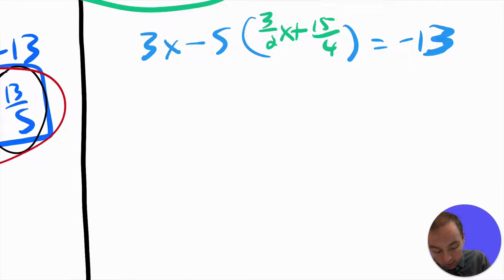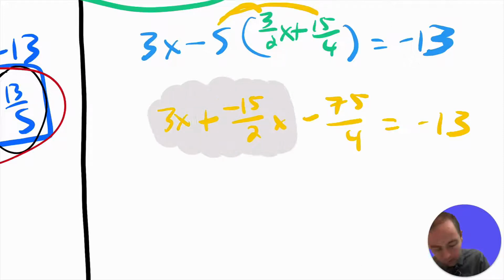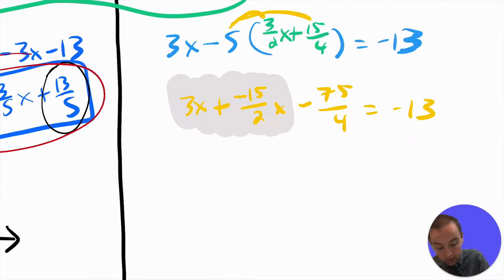A little bit of distribution can be done. -5 times that becomes that. -5 times 15 is -75. And then we still have 3x plus -15/2 x. In this particular problem, we end up with some like terms on the same side, both the 3x and the -15/2 x.